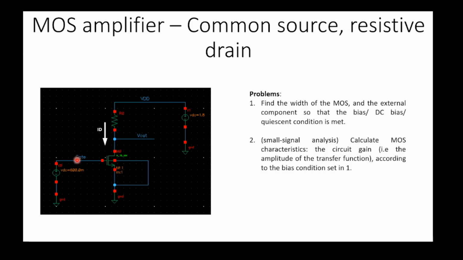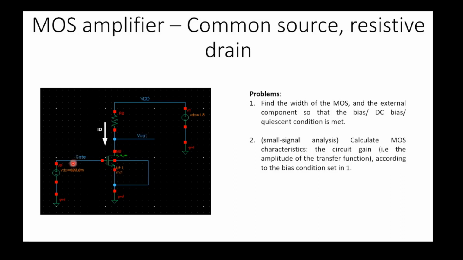A small signal input simply means a variation signal with a very small amplitude. We can give a very simple example like a sinusoid wave with a very small amplitude, so we call it small signal analysis, and that will be on top of the DC voltage that we already put in the circuit. And then we need to find the gain.